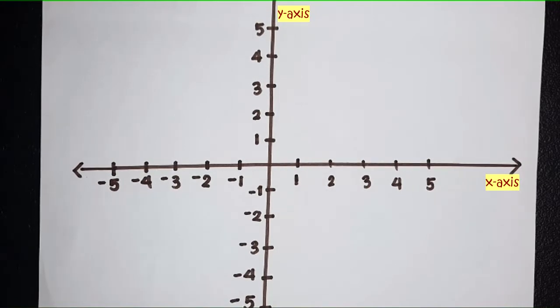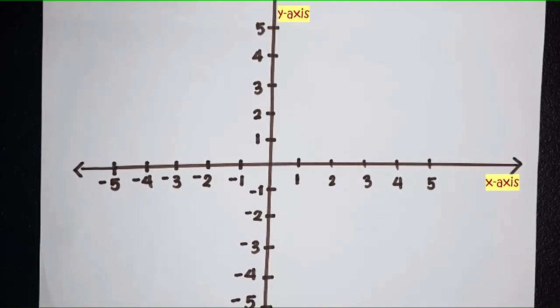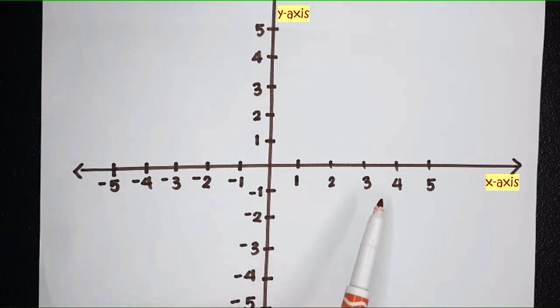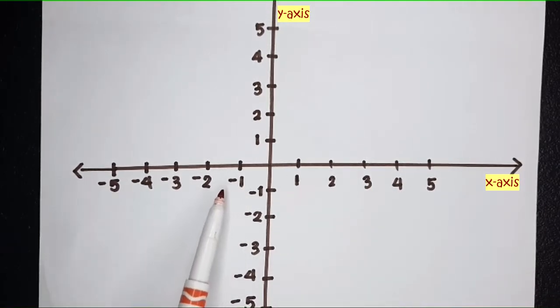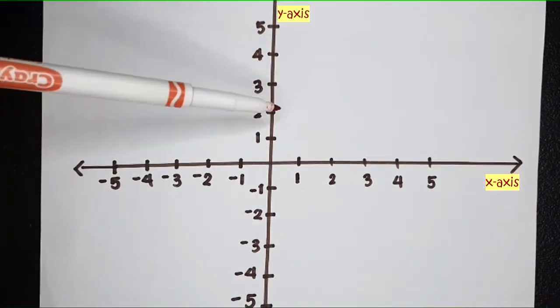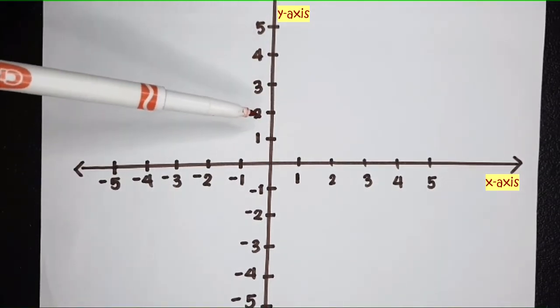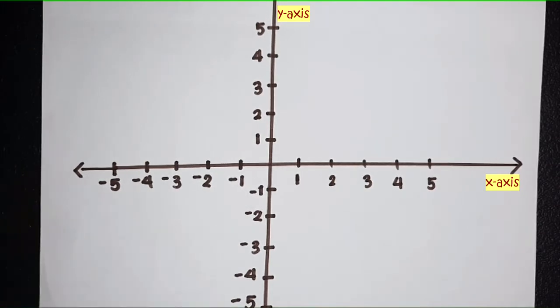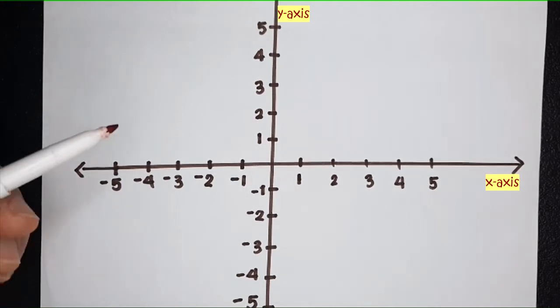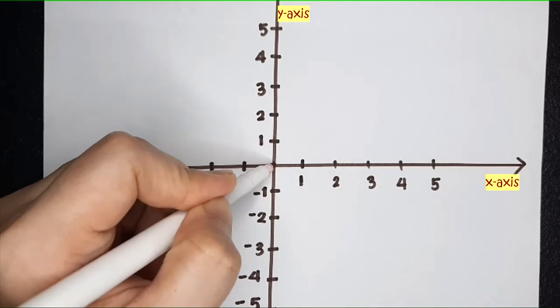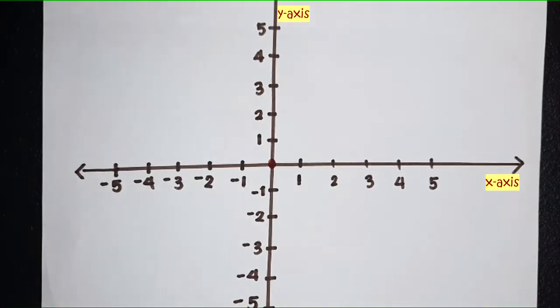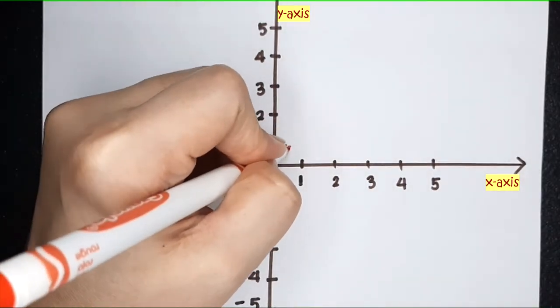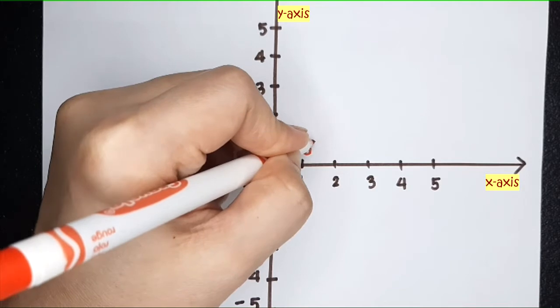Okay, let's have this Cartesian plane. You see, I have positive values of x here, and these are the negative values of x. Here, we have positive values of y, and here, we have negative values of y. So first, let's locate the origin. Asan yung origin? The intersection of the two lines. Here. So we label it 0, 0.